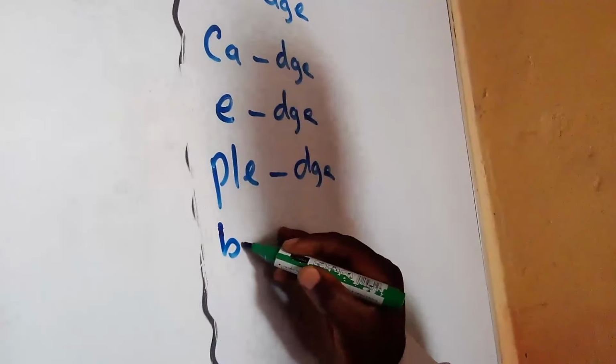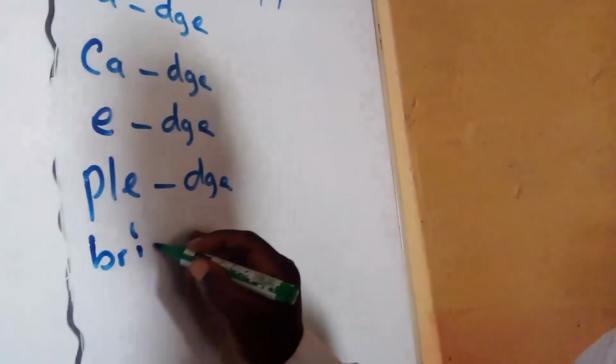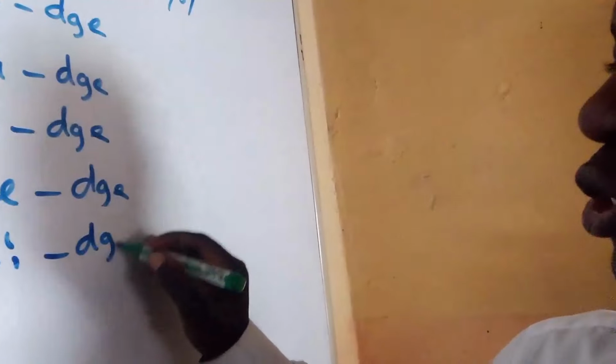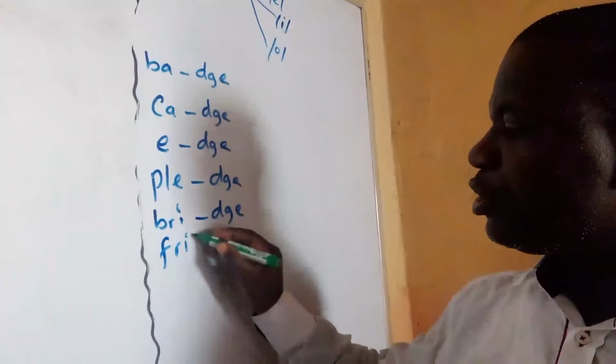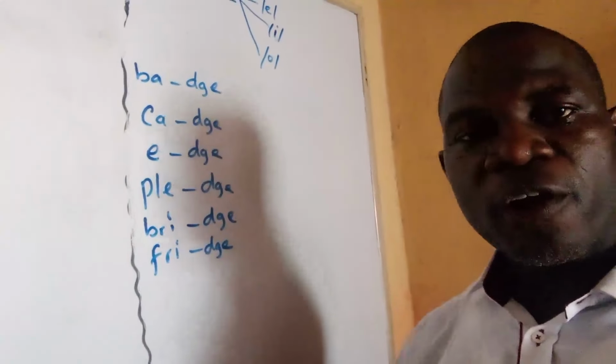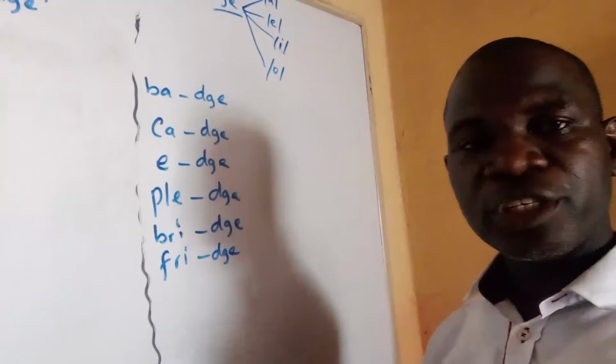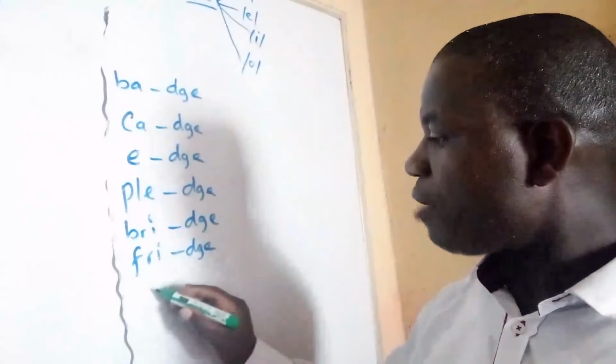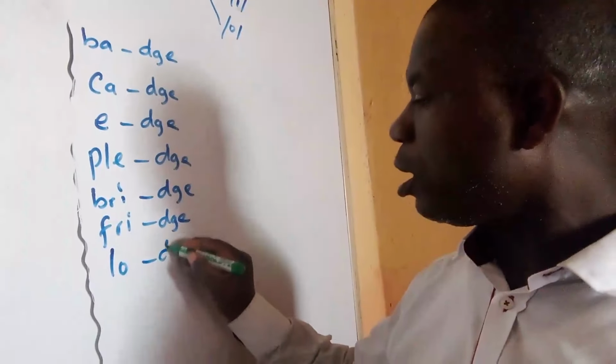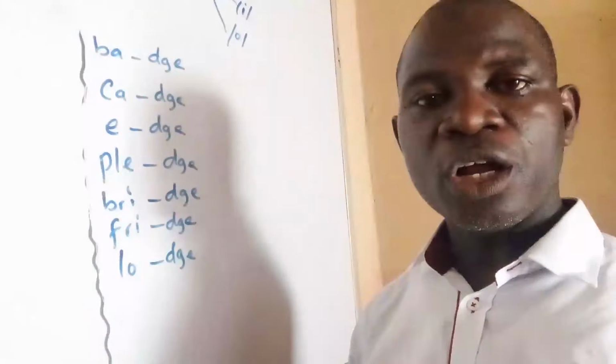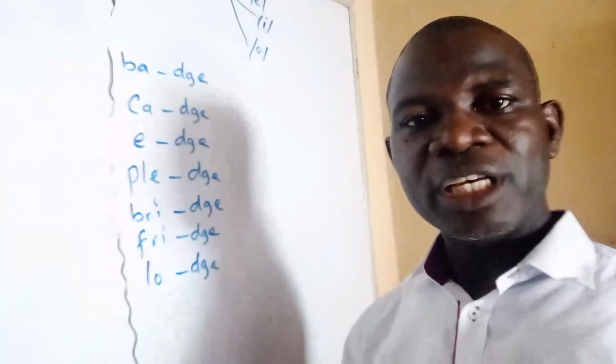To I and E, bridge, fridge. To O, you have lodge.